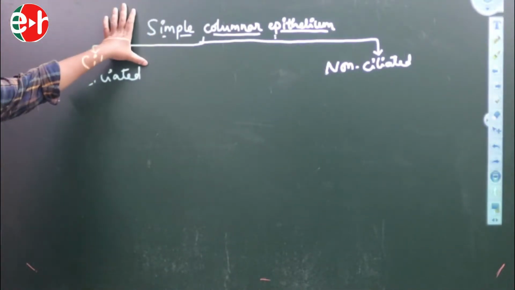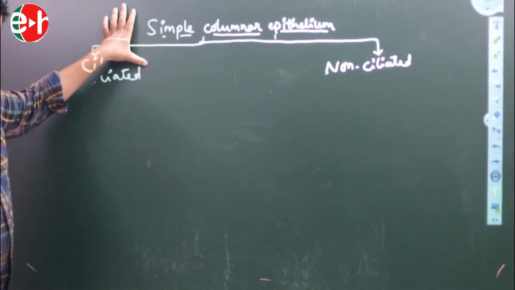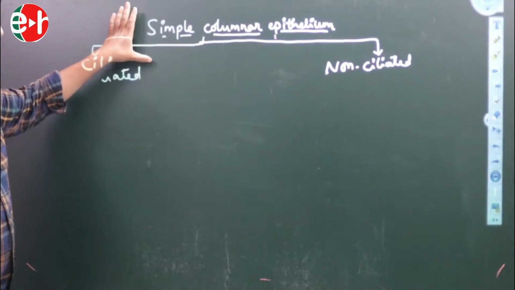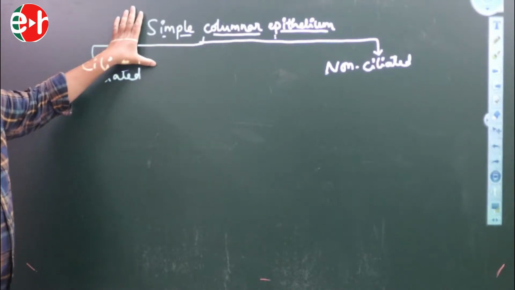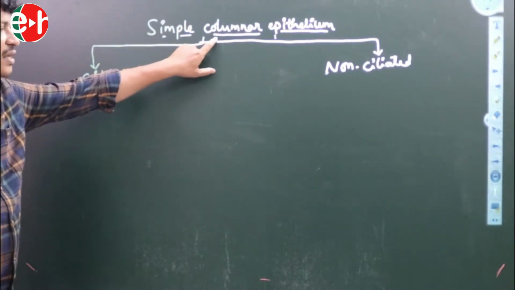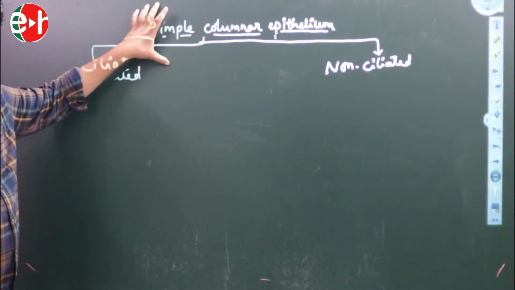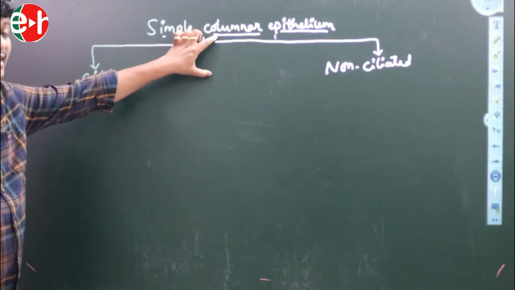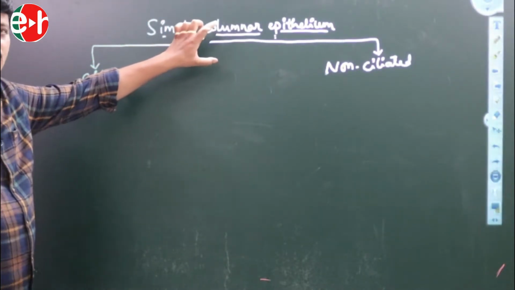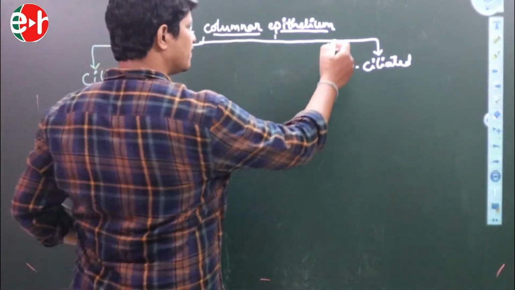The definition of simple epithelium is the same for all these types: it is a single layer of cells. A single layer of long and slender cells is called simple columnar epithelium.